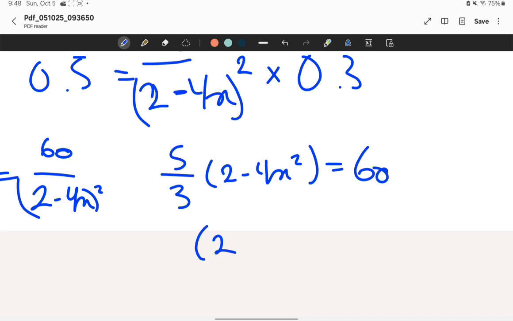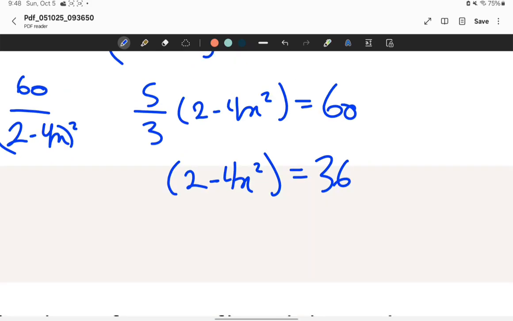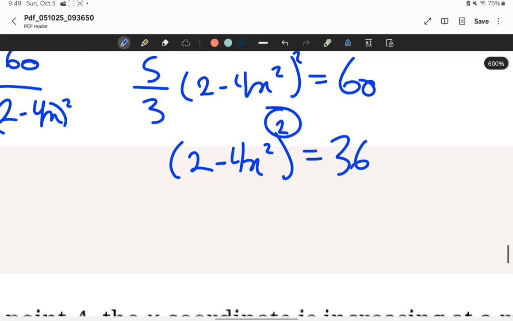So we get 2 minus 4x squared equals 36. To get rid of this exponent here, this power of 2, we take the radical on both sides. So that means we get 2 minus 4x is going to be equal to radical 36, which is positive 6 or negative 6.